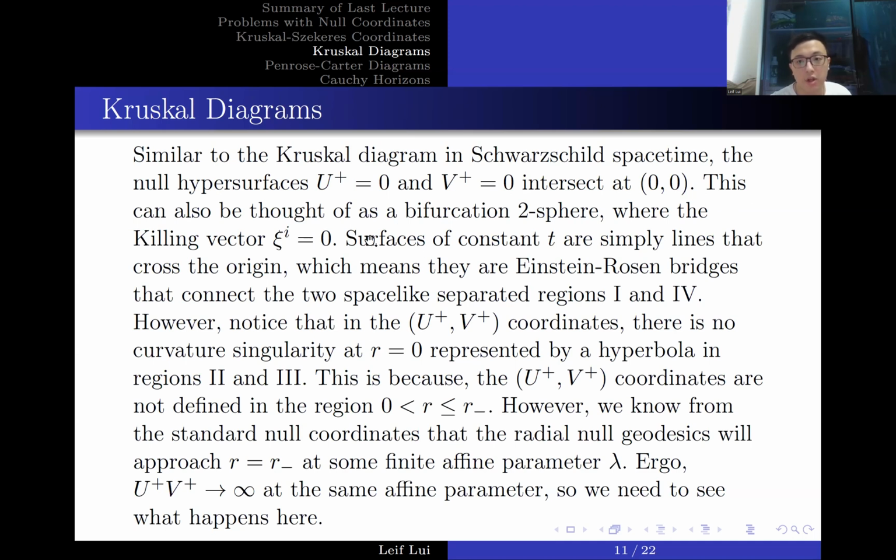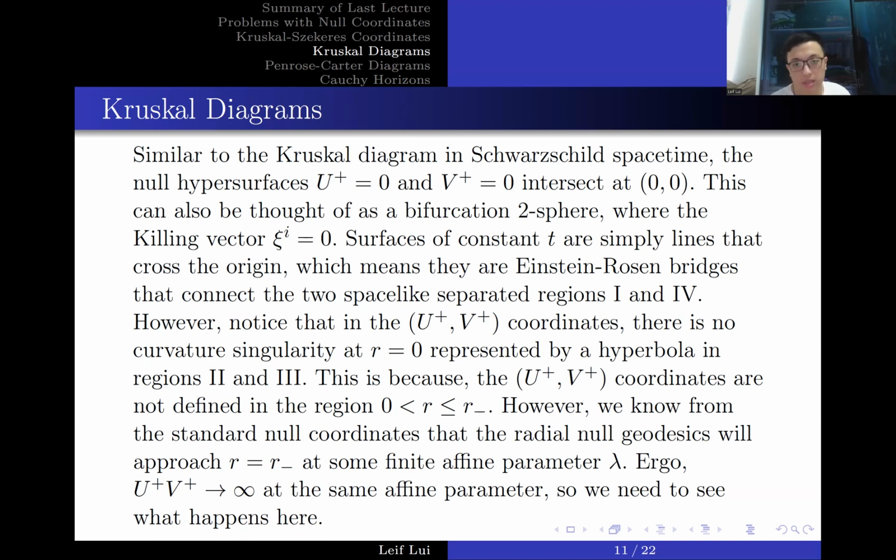And u plus is a null hypersurface and v plus is a null hypersurface. So this is also a point in the hypersurface. So this can be thought of as a bifurcation of a two-sphere, and maybe I will explain that later when I talk about bifurcations in my lecture on nonlinear dynamics and chaos theory.